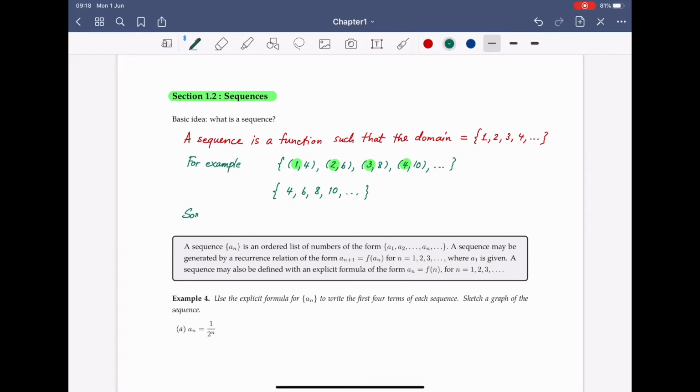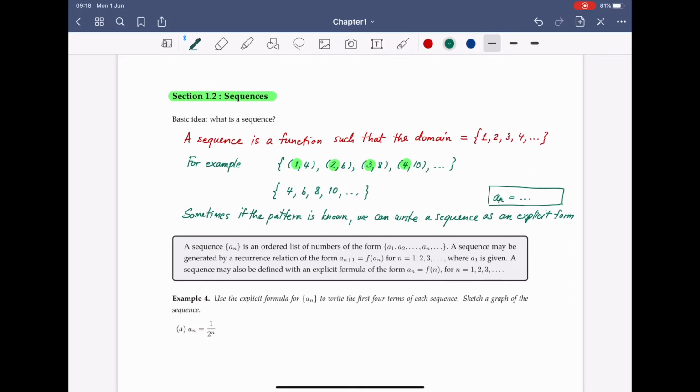Well, note that sometimes if the pattern is known, we can write a sequence as an explicit form. By this I mean you can say a_n equals something. This is called an explicit form of a sequence.